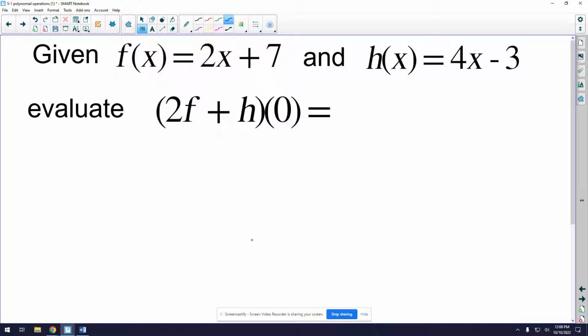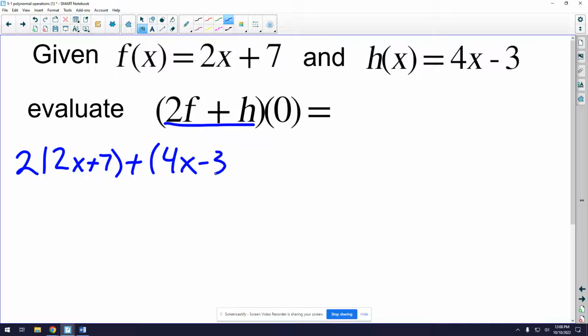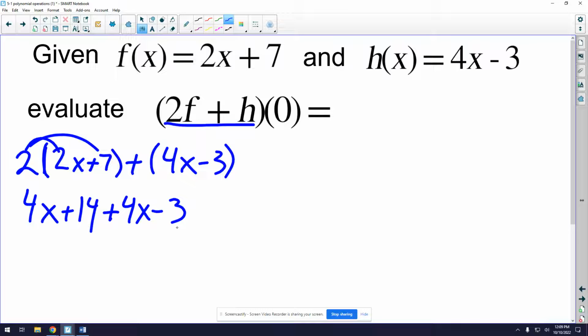So on this first one, we're going to first simplify 2f plus h. So 2f, we're going to distribute that 2 to get 4x plus 14. The plus 4x minus 3, that plus doesn't change anything. You can just bring that down. Right, you're distributing a 1, doesn't change anything.